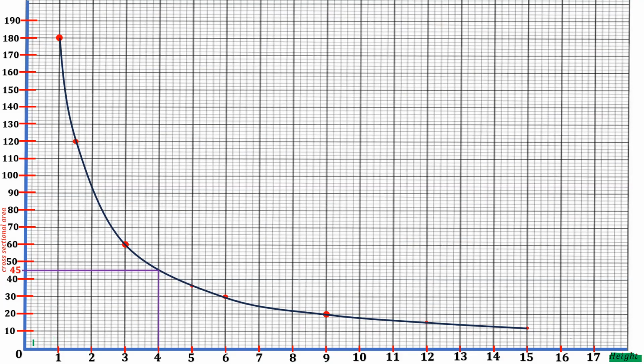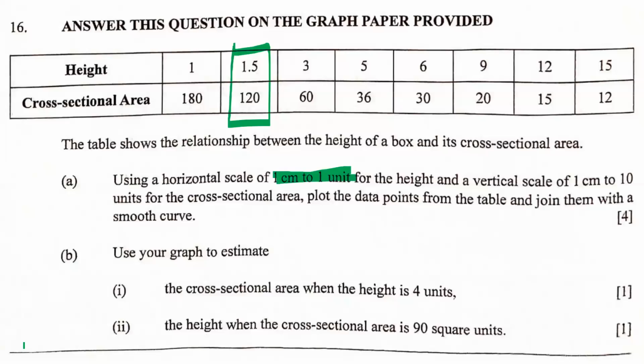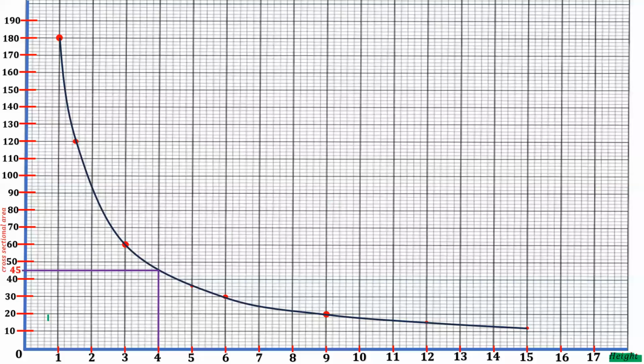And for the y-axis, they told us you must count 1 centimeter to 10 units. That means that we count in tens. So this is going to be 0, then 10, 20, 30, 40, 50, 60, 70, 80, and so on, all the way up to 190. So the y-axis you're counting in tens, the x-axis you're counting in ones, all right?